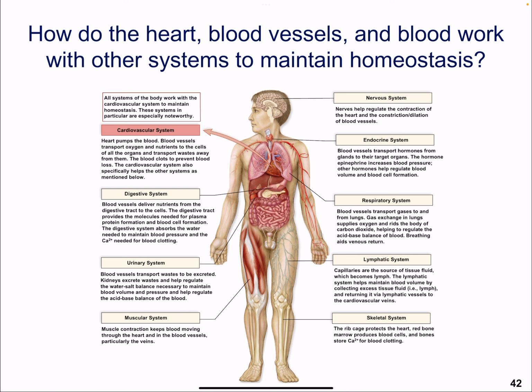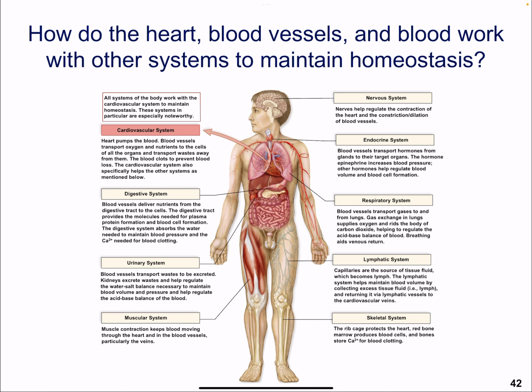Final slide of this presentation, it's going to be on how the circulatory system works in close relationship with all other systems, including the digestive system, the urinary system, the muscular system, the nervous system, endocrine system, respiratory system, lymphatic system, the skeletal system.